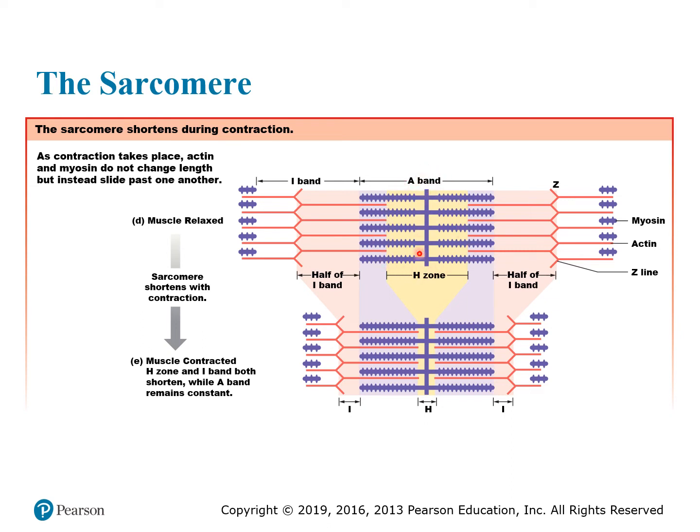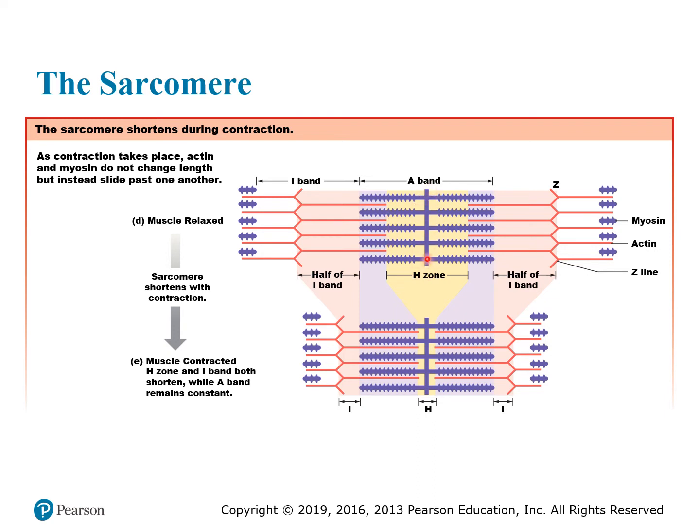In the middle of the A band, look right here, there are only myosin filaments, so we refer to this region as the H zone. You can remember H zone as only carrying heavy filaments, or the myosin filaments. When a muscle is relaxed, you can see the H zone.